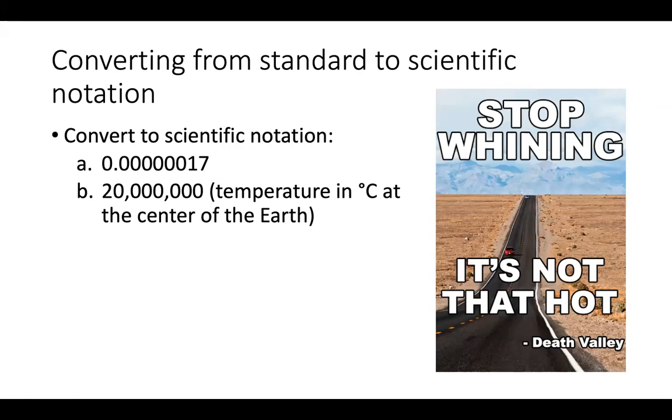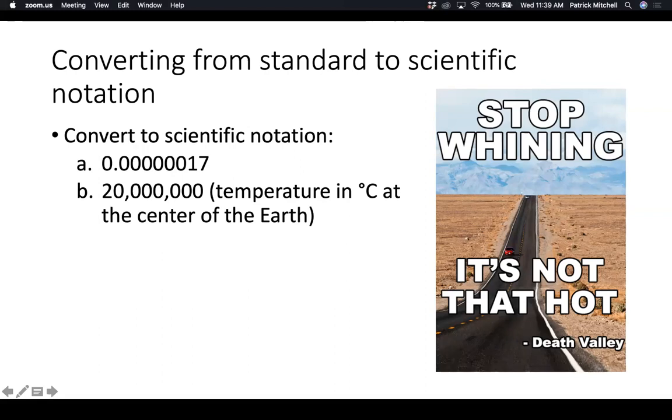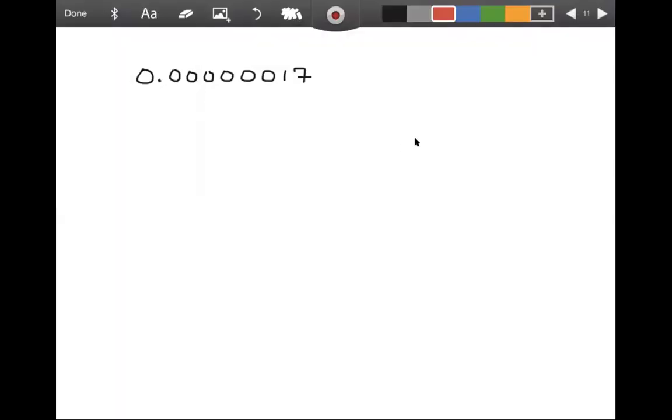Okay, so back to the presentation. When you're converting from standard to scientific notation, what is very helpful to remember is that scientific notation numbers with negative exponents are small numbers.